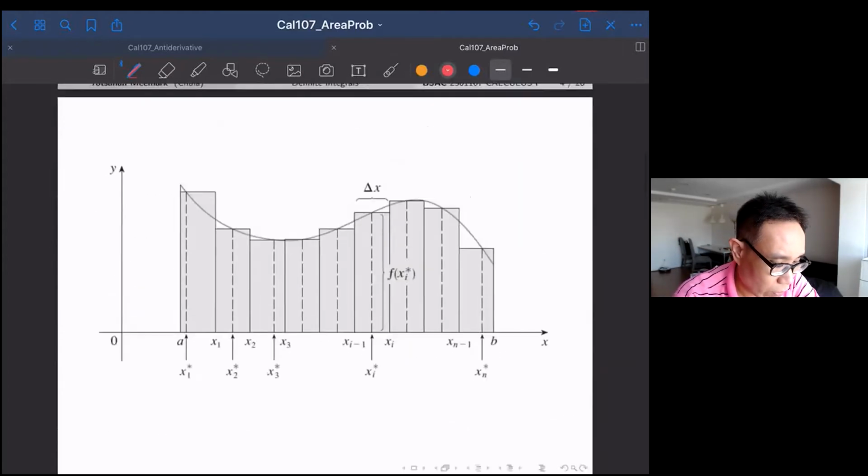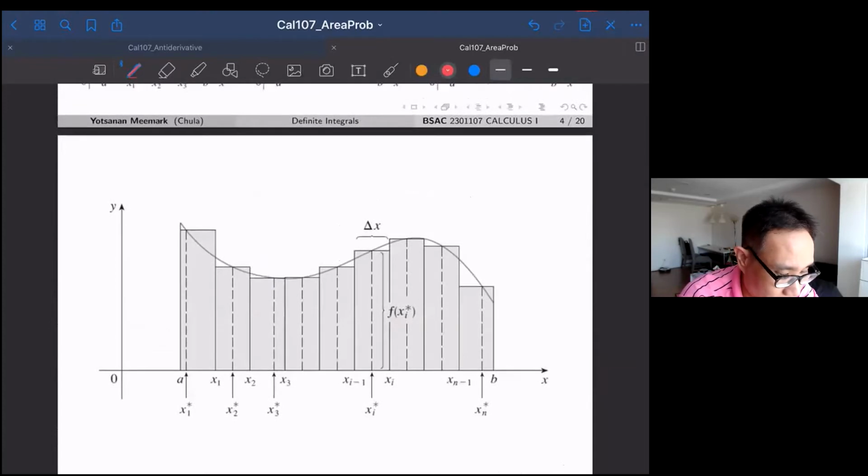Okay, so this is how we are going to find the area under the curve y equals f(x).